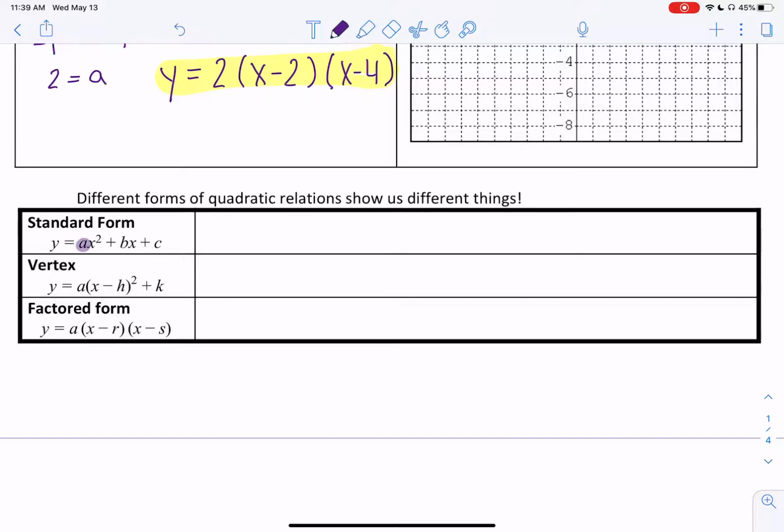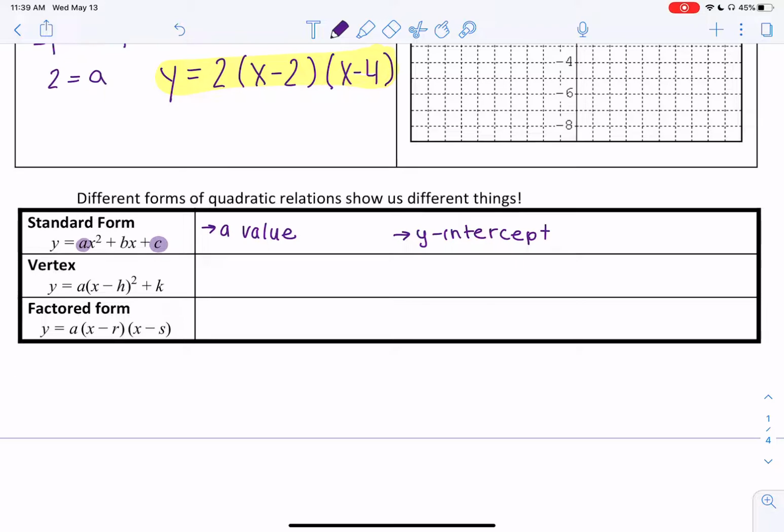So that tells me my step pattern, if it is a happy parabola, if it's a sad parabola. It tells me if it's been stretched or compressed. So that's always very useful to see. The next thing it does show me is my little c here. We talked about this briefly a while ago, but this little c is my y-intercept.